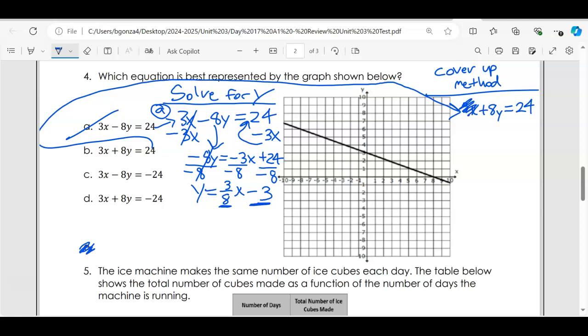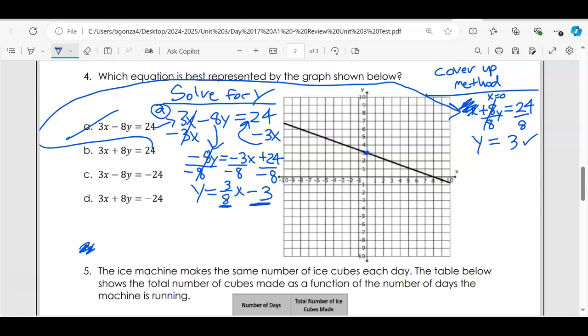I'm just going to scratch it out, and to get rid of this 8, we divide by 8. I'm basically finding the y-intercept, and I find the y-intercept by setting x equal to 0, which makes me scratch it out. So again, x equals 0, scratch it out, divide by 8, and I should get positive 3. Now you tell me, is the y-intercept positive 3?